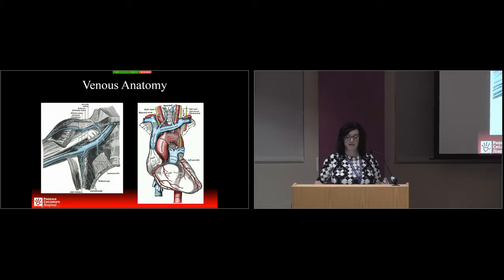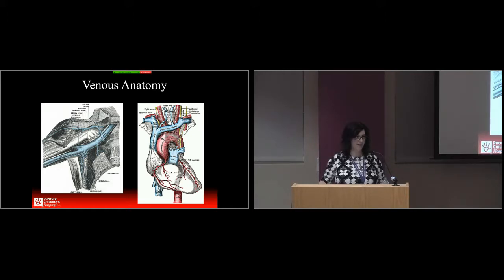Once the vein crosses medial to the lateral cortex of the first rib it is called the subclavian vein, and then from there the subclavian vein and internal jugular veins join on the right to form the right brachiocephalic vein, which has a vertical orientation, and then on the left to form the left brachiocephalic vein, which typically is either oblique in orientation, like you see here, or it can be somewhat transverse, somewhat vertical, but it's usually oblique in orientation.